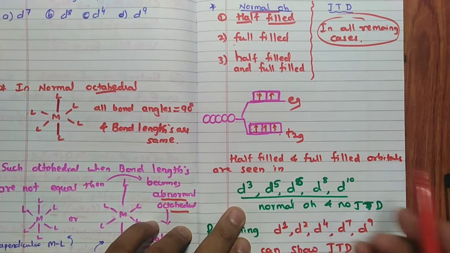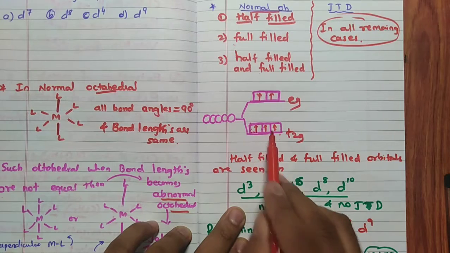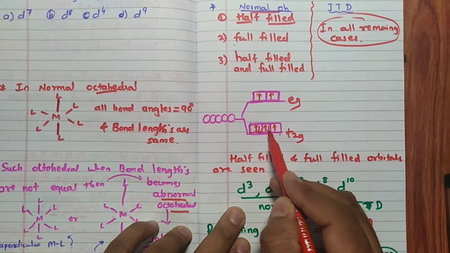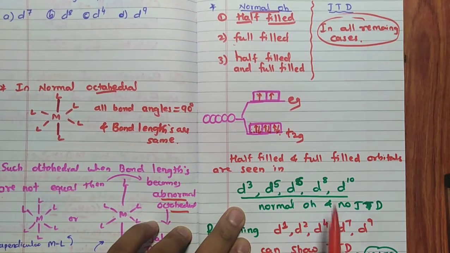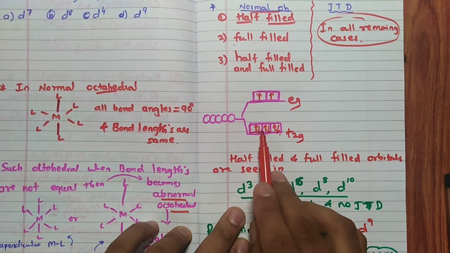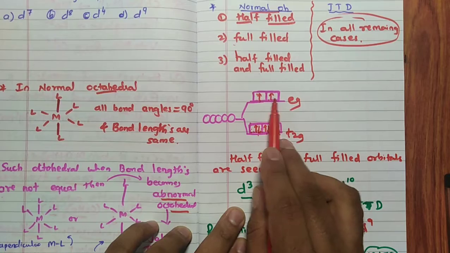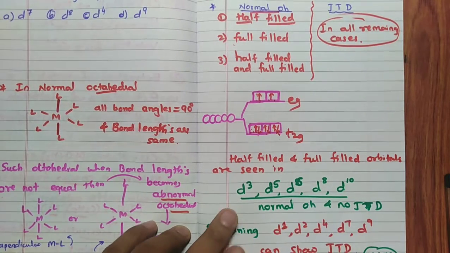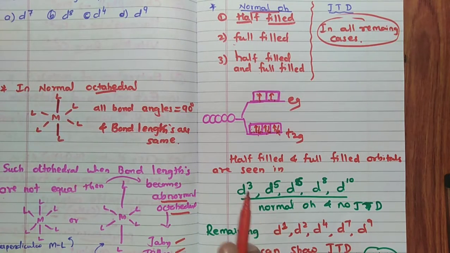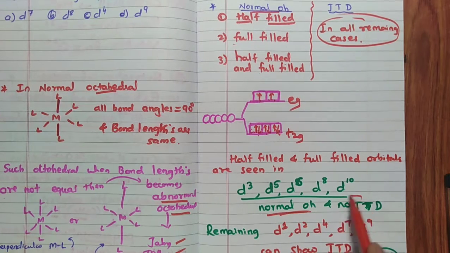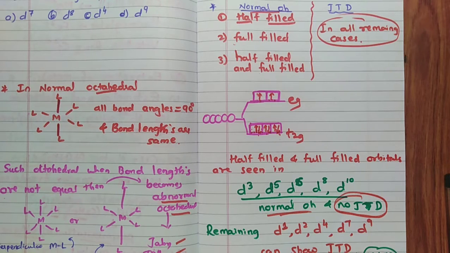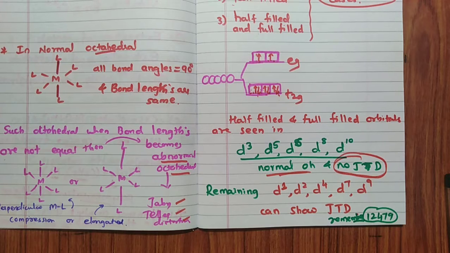Now d6, 1 to 6. d8, 1 to 8. And d10 is completely filled. In these cases, 3, 5, 6, 8, 10, normal octahedral is seen, no JTD, where JTD means Jahn-Teller distortion. All the remaining can show Jahn-Teller distortion. Very simple, remember that.